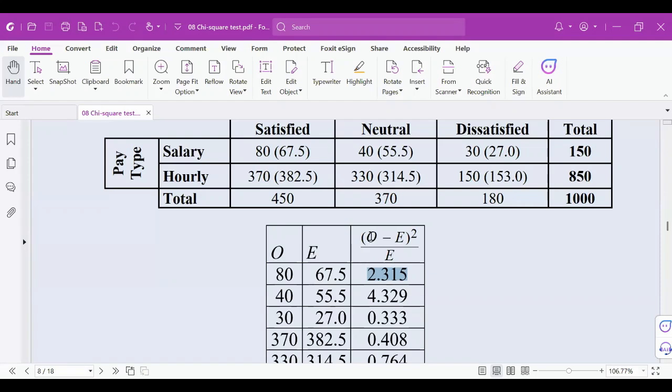Observed is 40 minus the expected, which is 55.5. Then close the bracket, squared, then divided by 55.5.